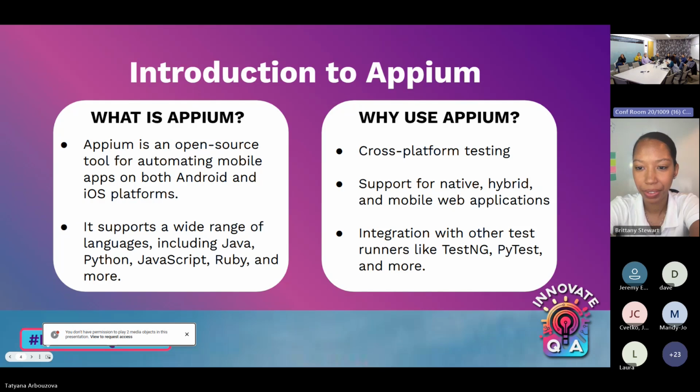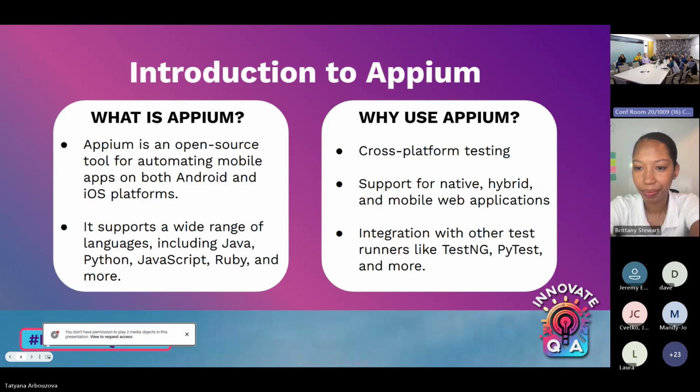By default, what I've just said means that native, hybrid, and mobile web application support is available. So basically, you take your phone and you've got all sorts of mobile apps, such as native apps, hybrid apps that combine web components, and then you've got websites that you have to test on mobiles, and that's mobile web software testing.